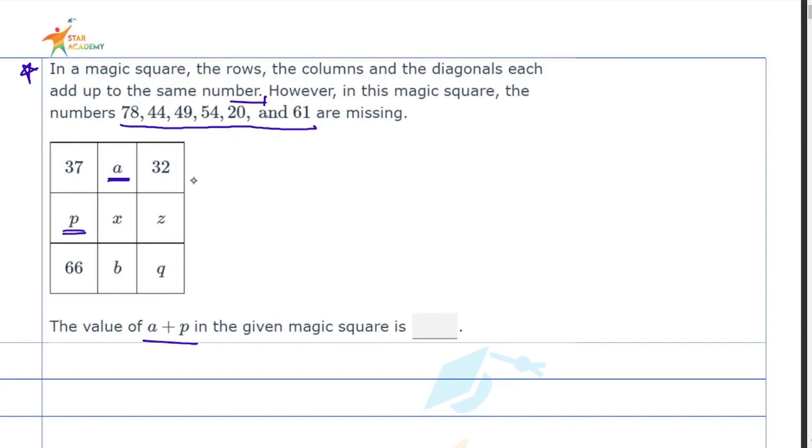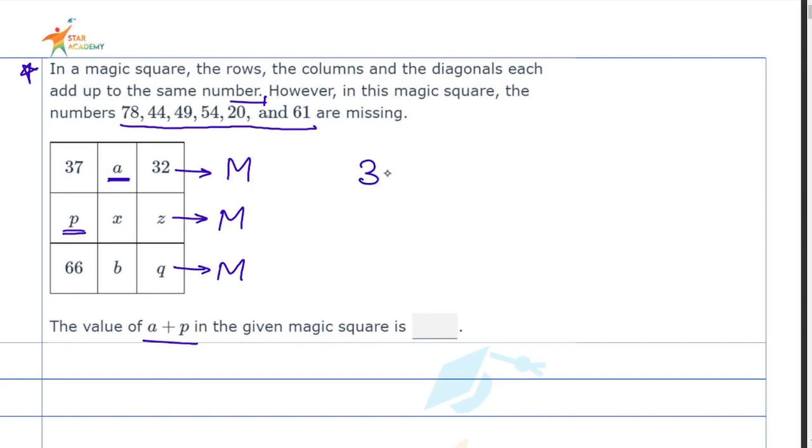Here we know that if I add this row, it will give me the magic number. This row also gives me the magic sum. This row will also give me the magic sum. And if I add all the elements of this magic square, that means I will be adding m 3 times.